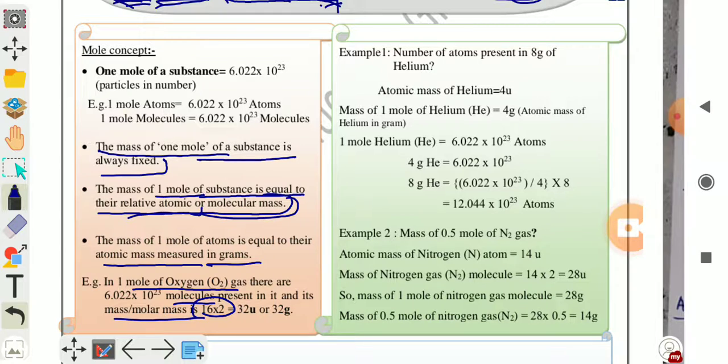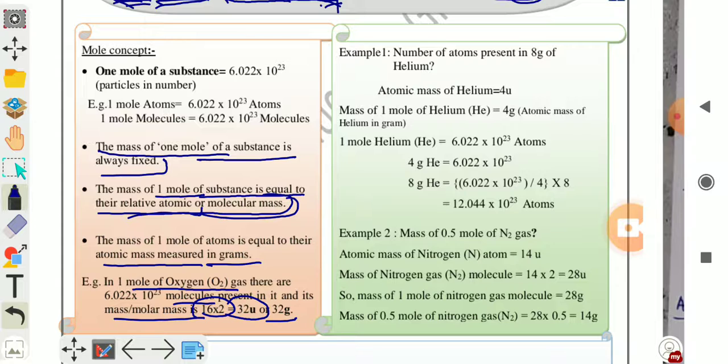So the molecular mass of oxygen gas, or 1 mole of oxygen molecules, will be 32 U or 32 gram. These are some examples given to you.